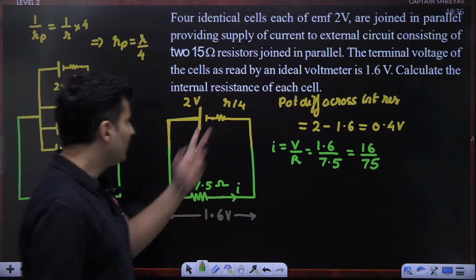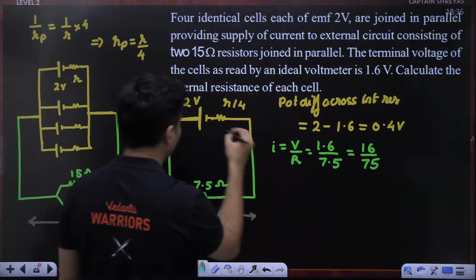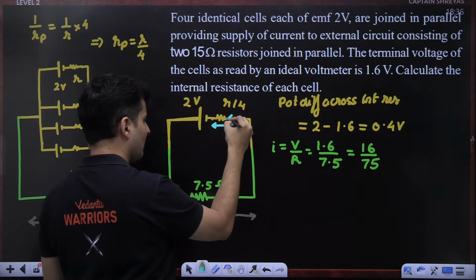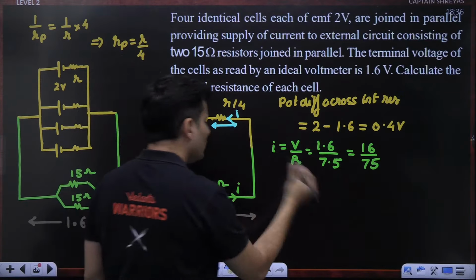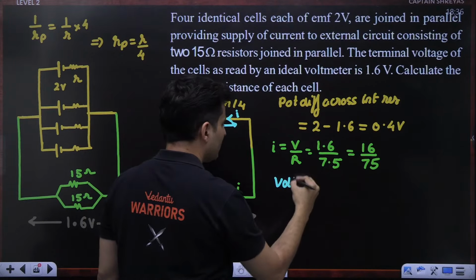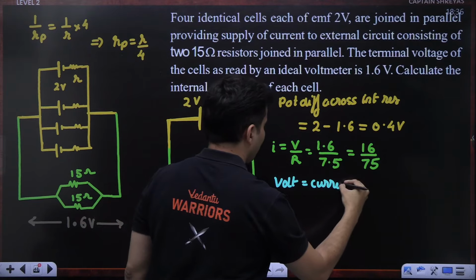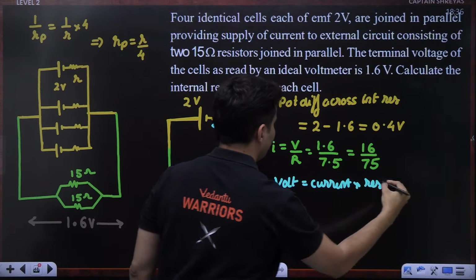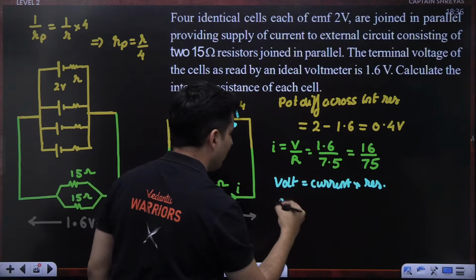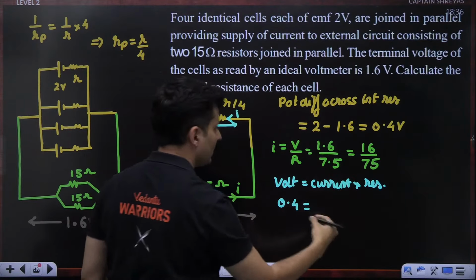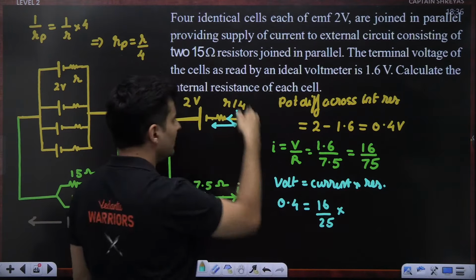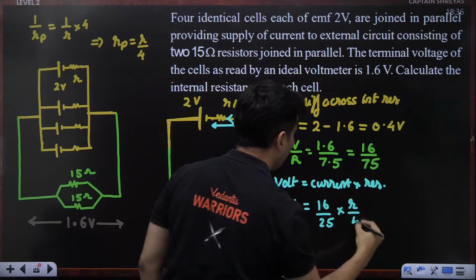Now the last thing, if you just consider this part of the circuit, just the internal resistance, the same current will flow, so using Ohm's law again, voltage is nothing but current multiplied by resistance. For this part, the voltage drop here is nothing but 0.4. The current is nothing but 16 by 25, and the resistance is nothing but R divided by 4.